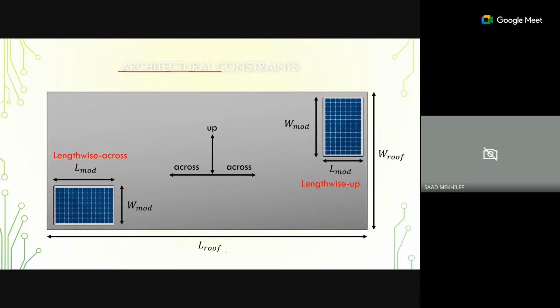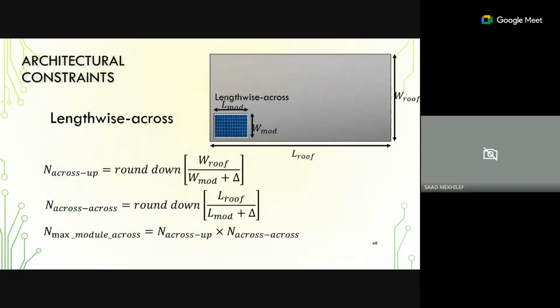For example, if you have the length of the roof and the width of the roof, then you select the right size of the panel, because in the market there are many types of panels, many sizes, which give different power ratings. And this is what we call lengthwise, so the area across the roof.